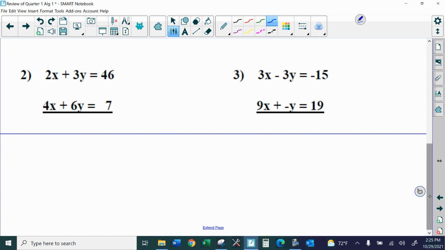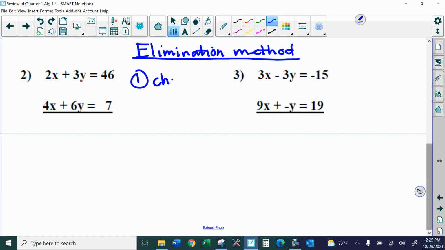So, elimination method. Easy to remember. Elimination method means I want to eliminate the x's or the y's and solve for the other. In order to eliminate it, I need to choose which one to eliminate. Remember, I handed out these steps. Choose which to eliminate.